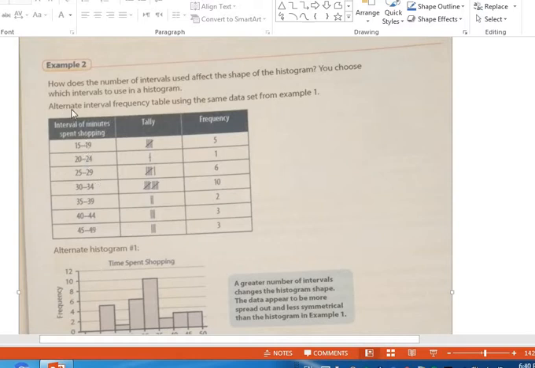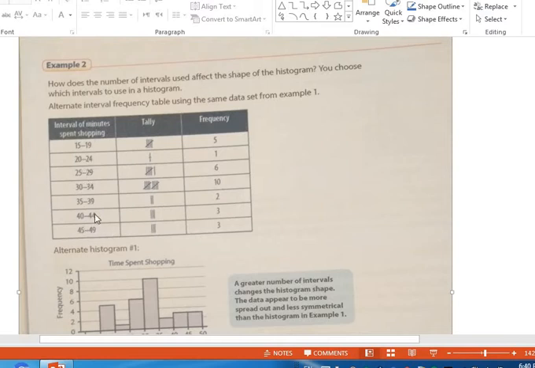Alternate interval frequency table using the same data set from example 1: from 15 to 19, from 20 to 24, from 25 to 29, from 30 to 34, from 35 to 39, from 40 to 44, from 45 to 49.